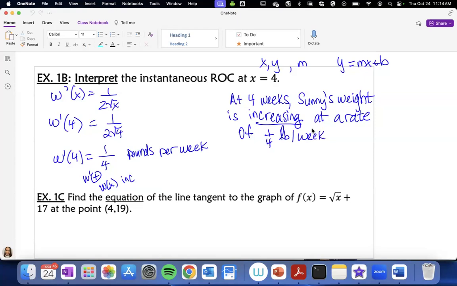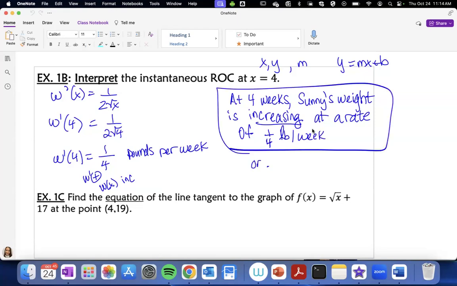Another way I can say that is, at 4 weeks, Sunny's weight is increasing 1 pound every 4 weeks. For one more week. So that's another way I can say it. Okay. Does that interpretation make sense? We're going to keep going through that and practicing interpretations.